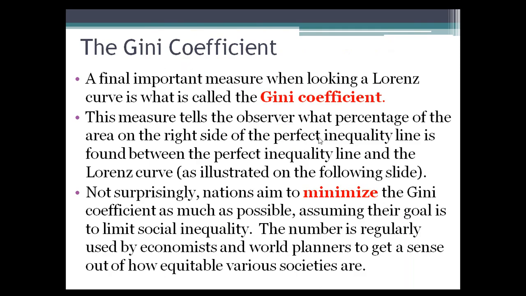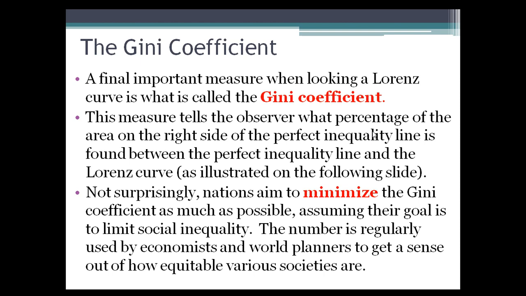And so a tool that's often used to go along with the Lorenz curve, and it can be used in a more mathematical, just sort of numerical sense, is something called the Gini coefficient. The measure is pretty straightforward, and I'll show you how it's calculated in a second here. But essentially what it tells you is how much of the possible inequality your current curve represents.